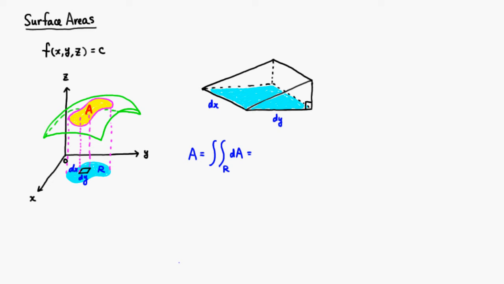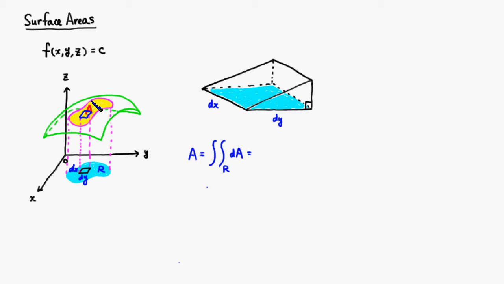So you would have something like this up here. To make our lives easier, this little piece on the surface is going to be a little bit tilted. Tilting by a certain angle expands the area by a certain amount.